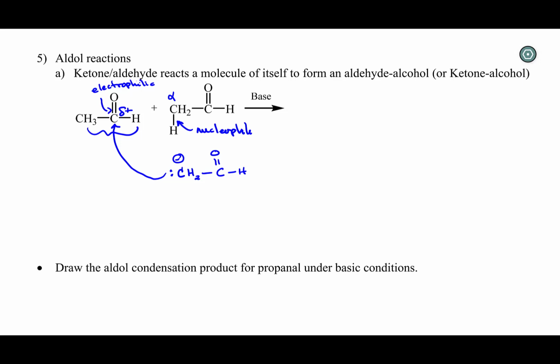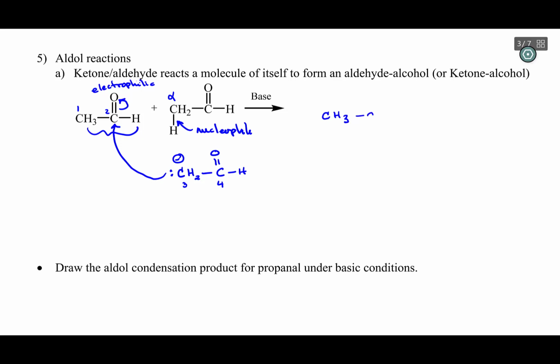And now what I'm left with, let me do a little erasing here. This pair of electrons can go up. I'm going to end up with this. CH3. In fact, let me do this. This usually helps. 1, 2, 3, 4. So I have CH3.